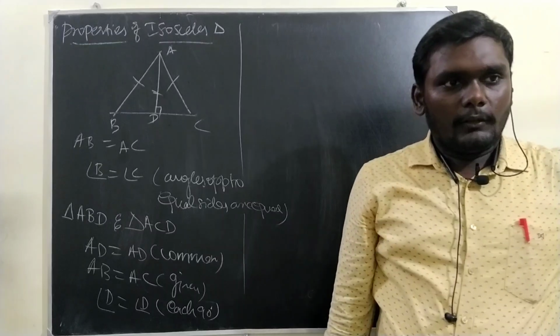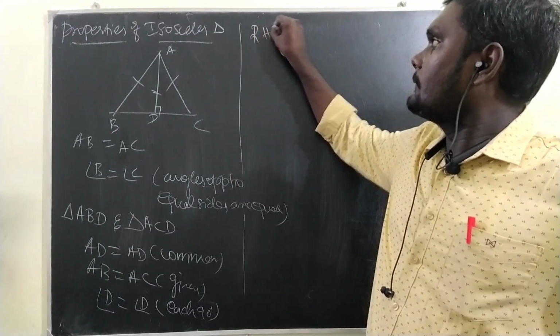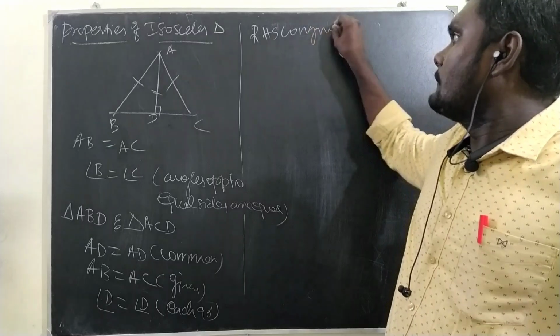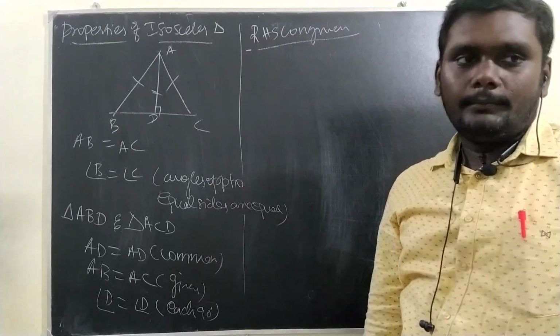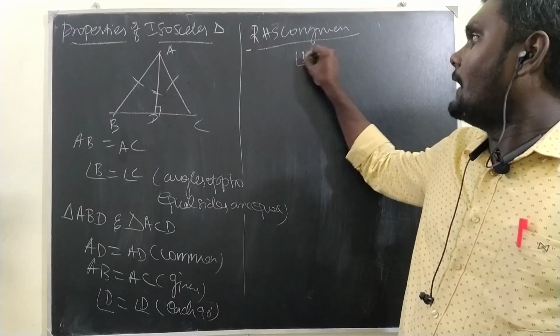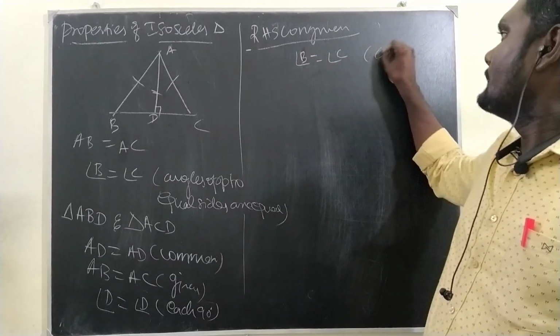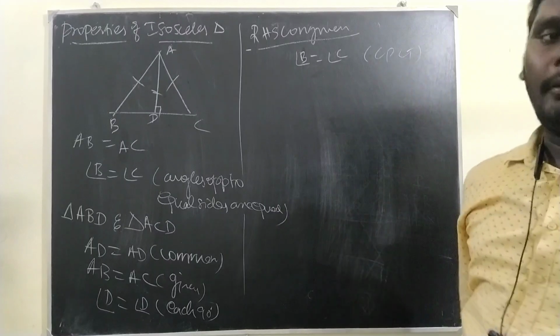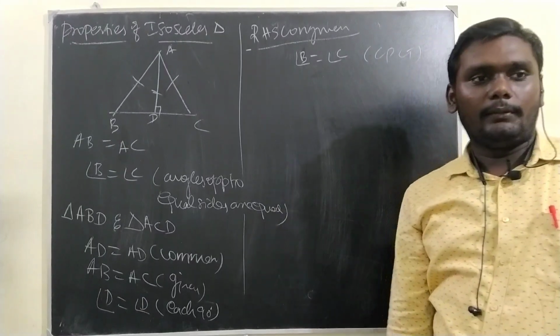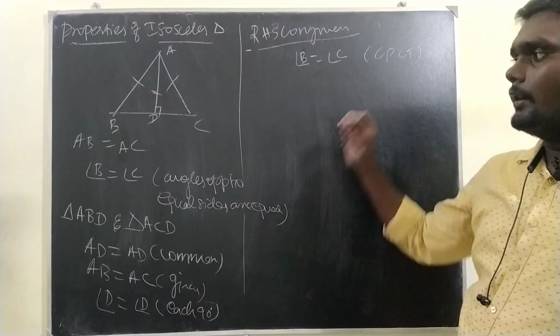So they are RHS congruent. Got it? So these two triangles are congruent. So then we can say this angle B is equal to angle C by what? CPCT. What does that mean? Corresponding parts of congruent triangles. Okay. Got it?